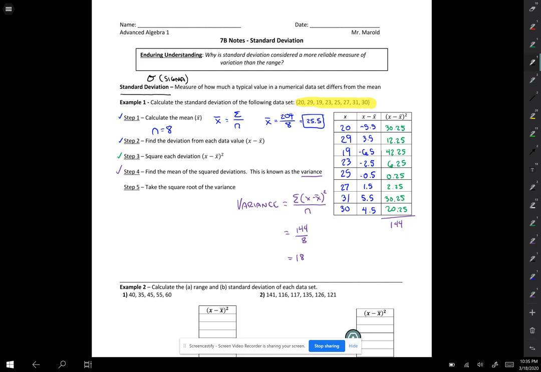In this case, the standard deviation, which again we use sigma for, is just the square root of the variance. We just calculated our variance to be 18, which is 144 divided by 8. So the square root of 18 gives us a standard deviation of 4.24.